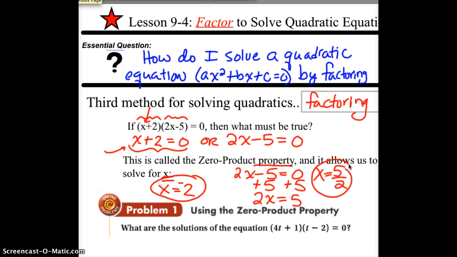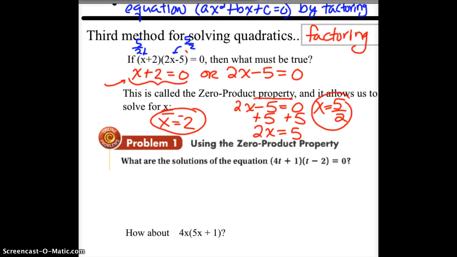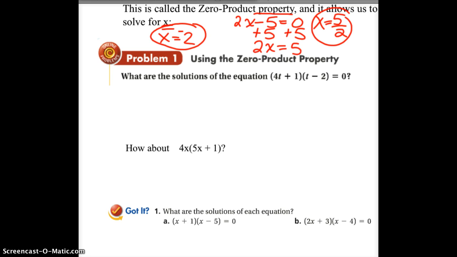And what that tells you in this original is that when I put in a 5 halves for x, this is some number. It's actually 2.5 plus 2, it's 4.5. But when I put 5 halves in on this side, I end up getting 5 minus 5, which is 0. So again, it doesn't matter what the other part is. If one or the other of the factors equals 0, the answer is 0.